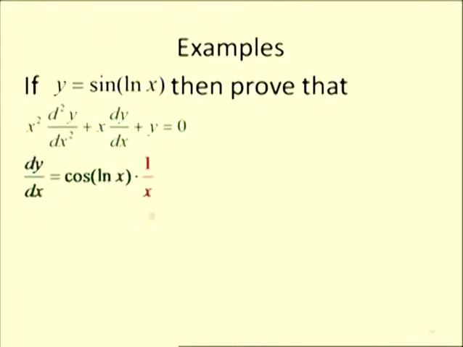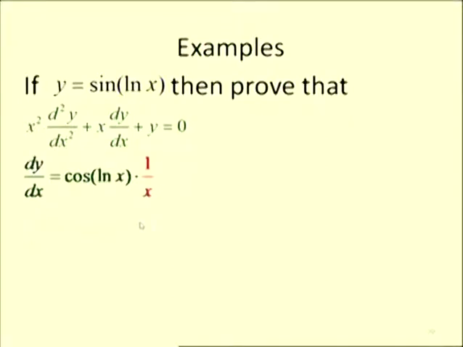So we multiply by its derivative, that is derivative of log x. It is 1 upon x, which is mentioned in the red font. So here it is dy by dx, that is derivative of sine x, that is cos x. So derivative of sine log x is cos log x into derivative of log x, which is 1 upon x.